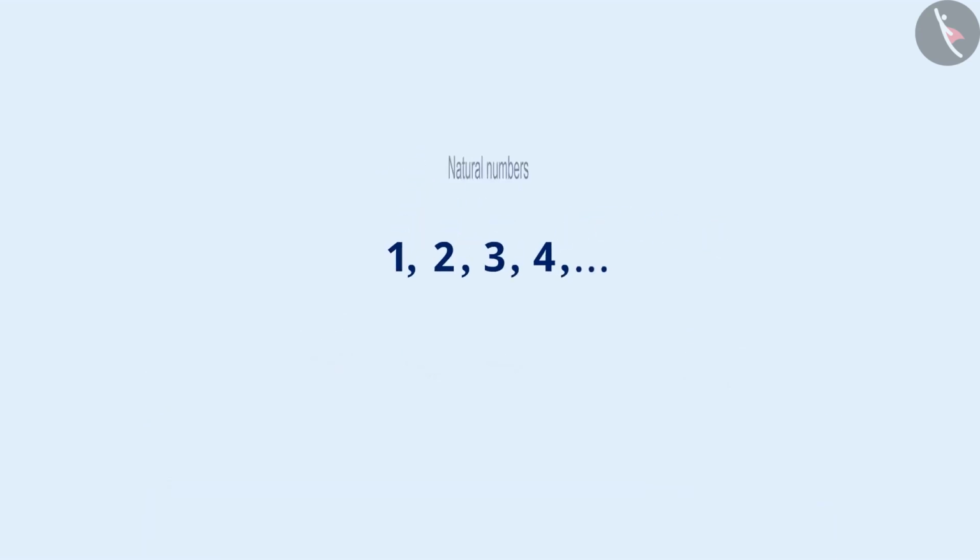That's why we call counting numbers as natural numbers. We use numbers like 1, 2, 3, and so on for counting.